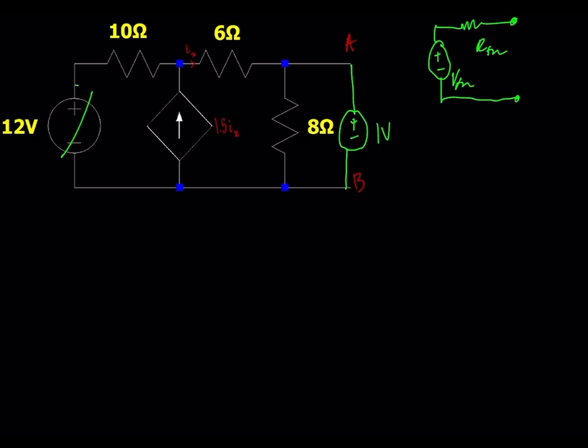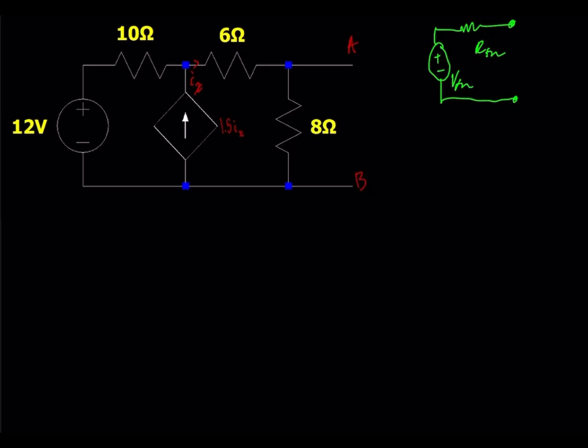Again, you would do your normal circuit analysis and find the current that results from that 1 volt source. You can label it I naught, and similarly, you divide the voltage source by that resultant current, and that would give you your Thevenin resistance. So these are two methods that you can use to calculate that R Thevenin.